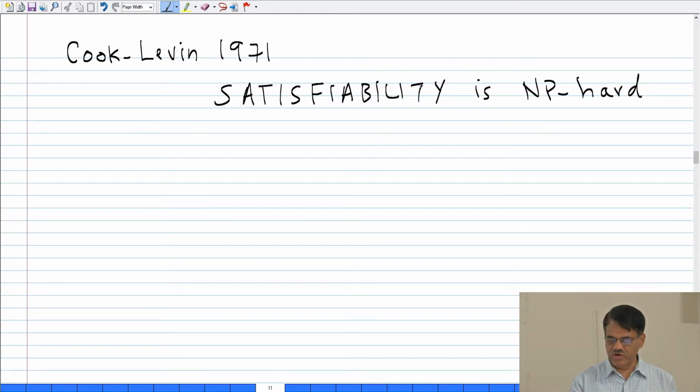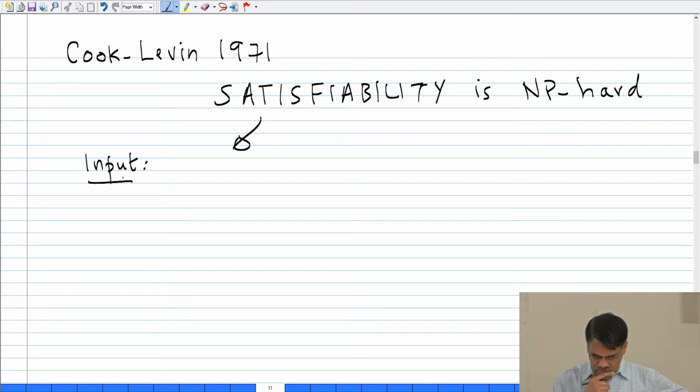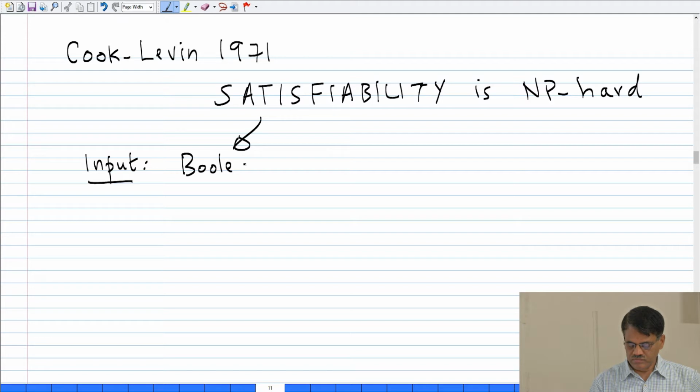So, what is the satisfiability problem? Let us get to that problem, right. The satisfiability problem input is a Boolean formula, a CNF formula.